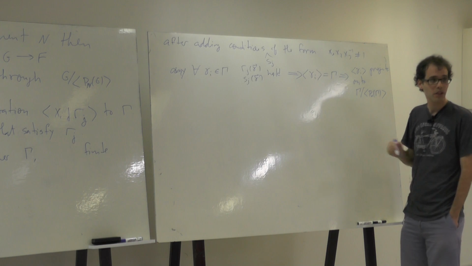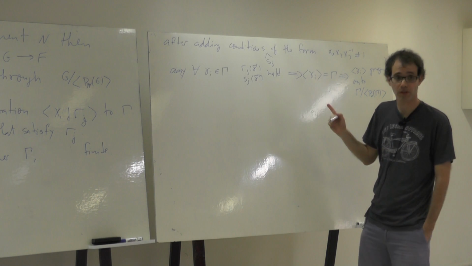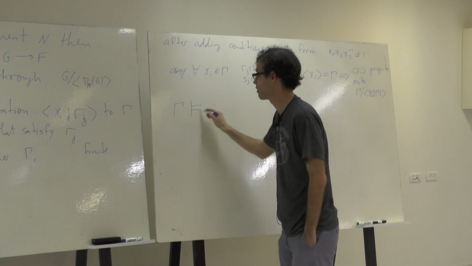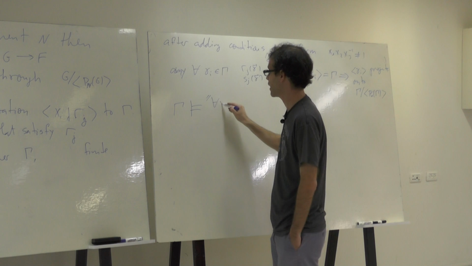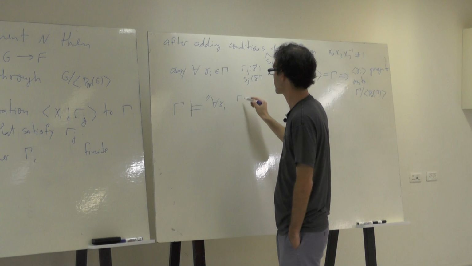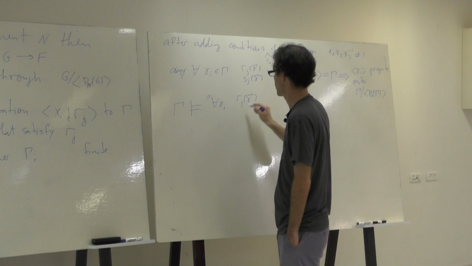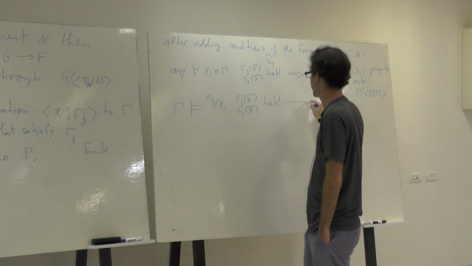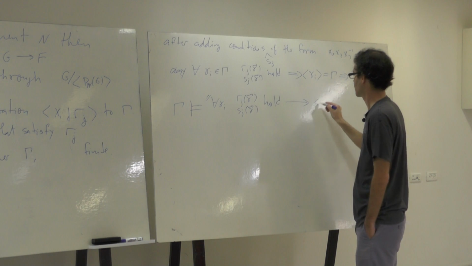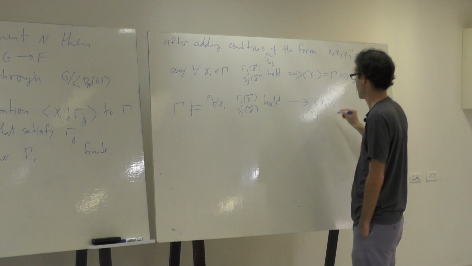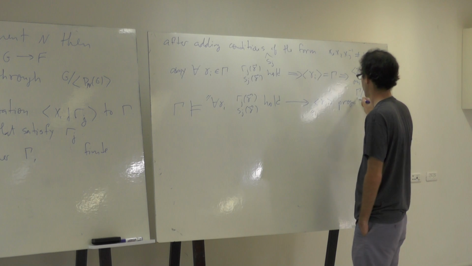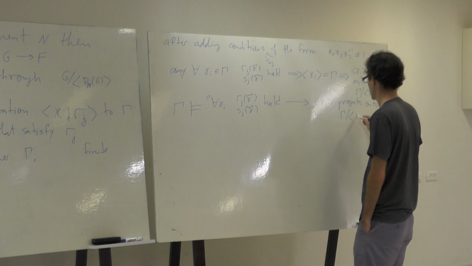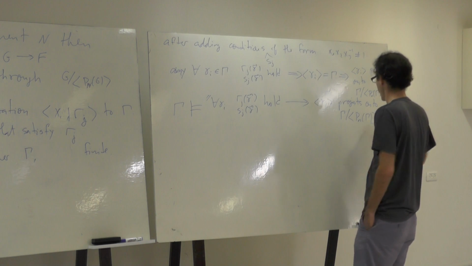Okay? Now this is a first order statement. So gamma satisfies the following claim: for every gamma I that satisfies this relation, gamma I projects onto, okay, this is a finite group.